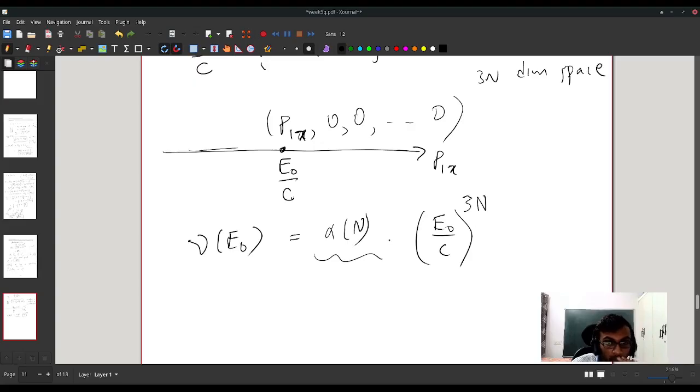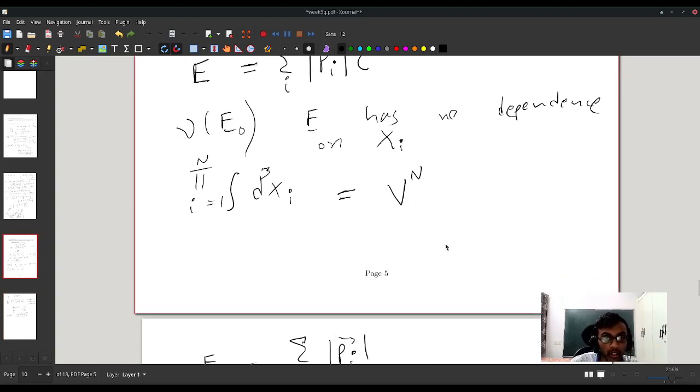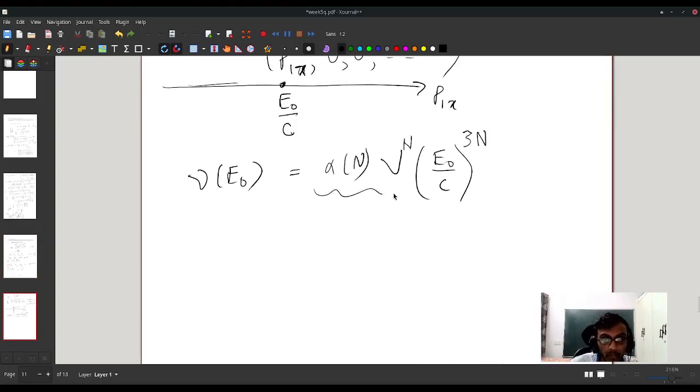And we have the volume from the spatial coordinates part, this integral. So this is the volume of the phase space that we need.